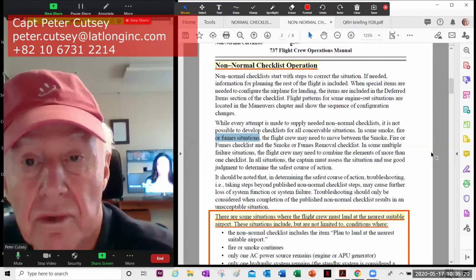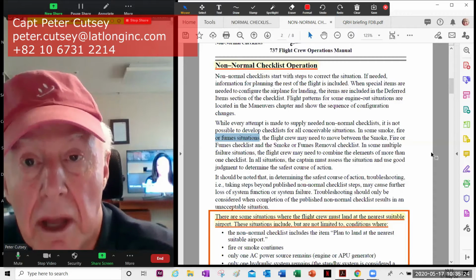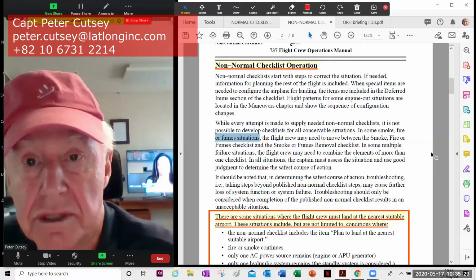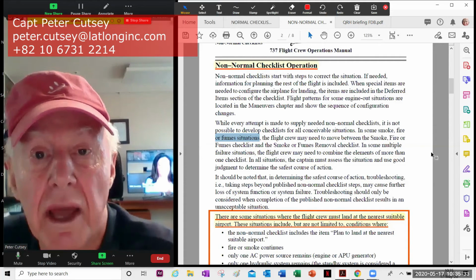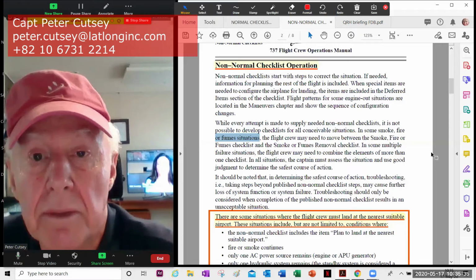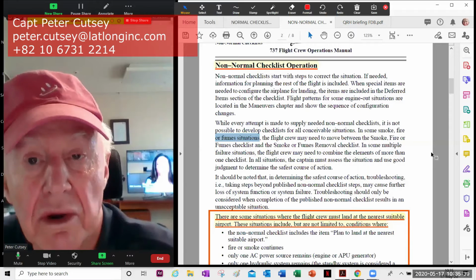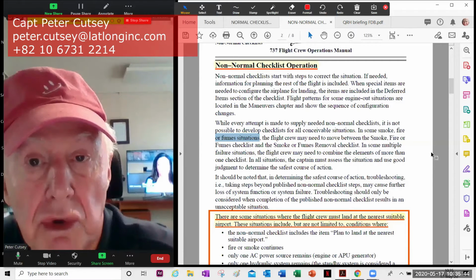Incidentally, smoke or fire: masks on, communicate, point the airplane to a suitable airport, max speed, and call for the checklist. I'm giving you this advice because I've been around flying for over 60 years, and the problems and losses, hull losses and loss of life due to fire or smoke, were due to decisions not being made soon enough.